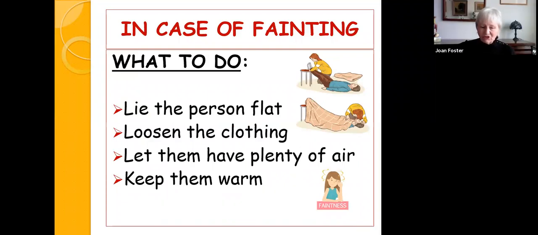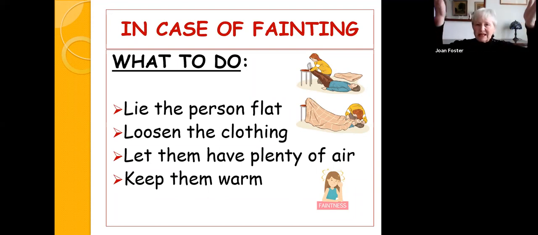So let's talk about the different symptoms that I talked about. If somebody suddenly has what we call a syncope attack, or they look like they're going to faint, the main thing is that you don't want this person to injure themselves. So if you find that the person is standing there and suddenly they're not communicating with you and they're starting to sway a bit, you've got to get that person flat.